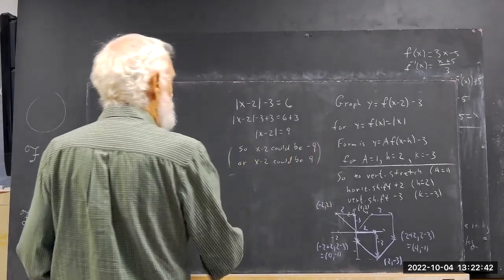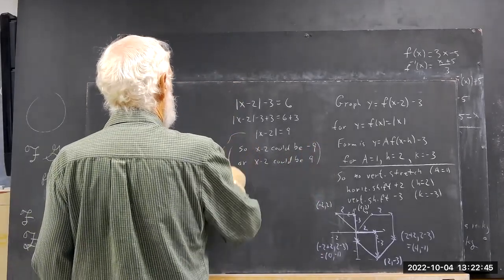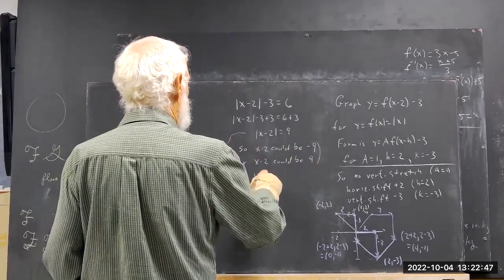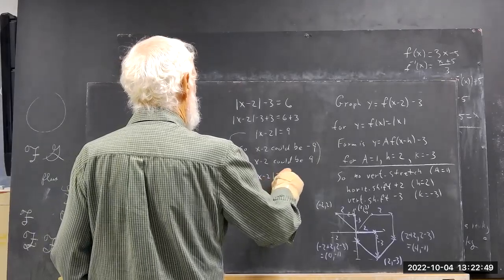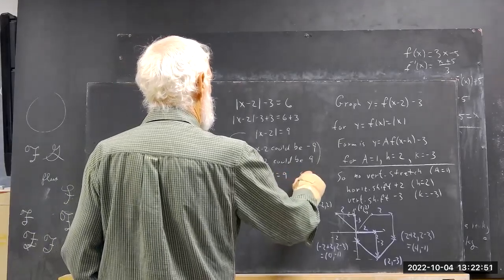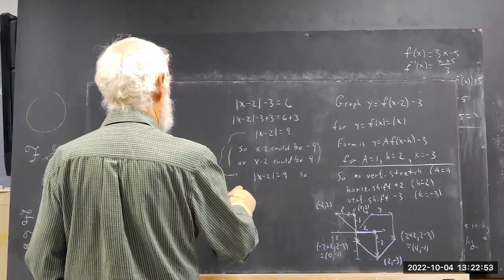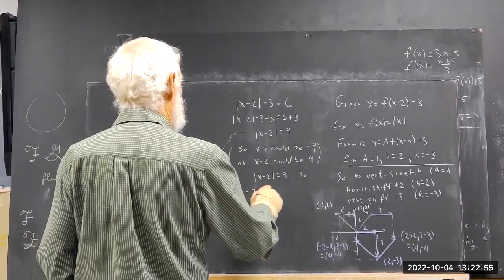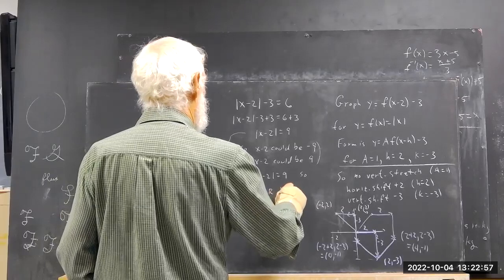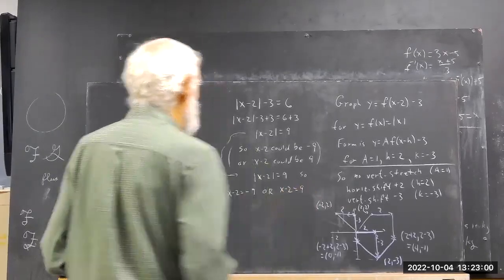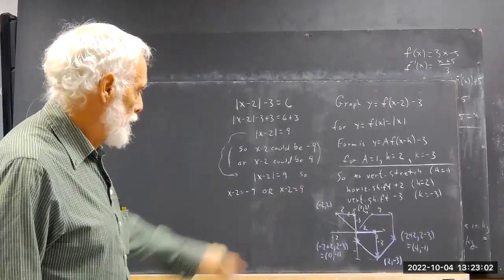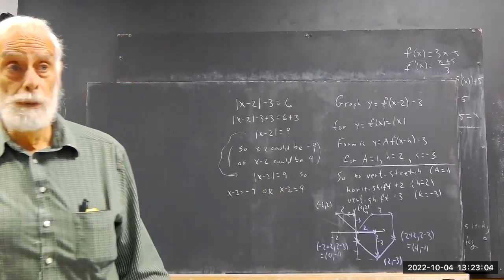All right. Well, I'm going to just repeat this step and write out the way we work this out. x minus 2 could be -9. x minus 2 could be 9.